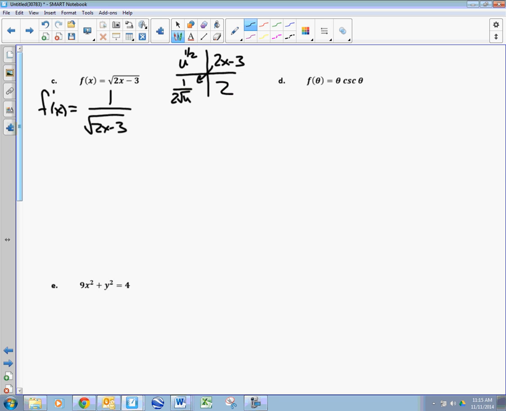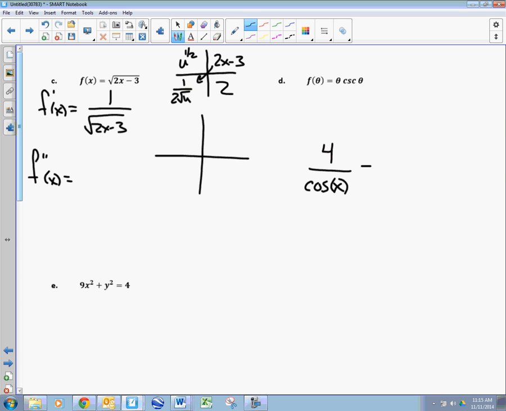Now I need to take the derivative of that. (2x minus 3) to the negative 1/2. Correct. Don't use the quotient rule in that situation. Here's another scenario where I've seen people starting to use the quotient rule. Don't do this. 4 over the cosine of x. Don't use the quotient rule.